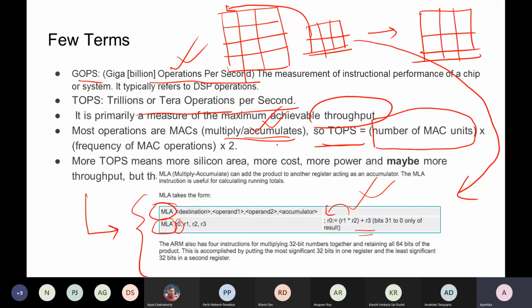Of course, there will be some instruction level optimizations, and with that you can get better performance and better throughput, if this particular instruction is supported by your processor.